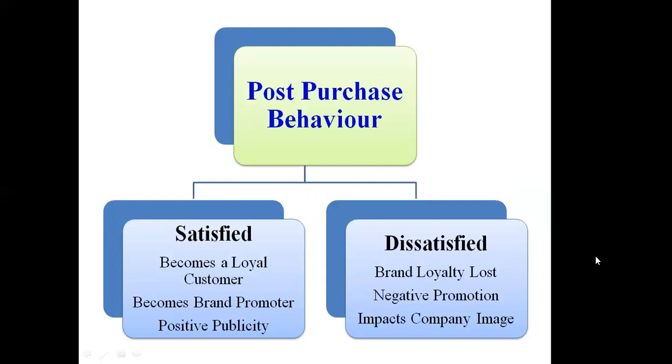As shown in the diagram, the satisfied consumers become loyal customers, become brand promoters, and promote the brand with positive publicity. In case the consumer becomes dissatisfied, then brand loyalty is lost. There is a negative promotion which impacts the company image.